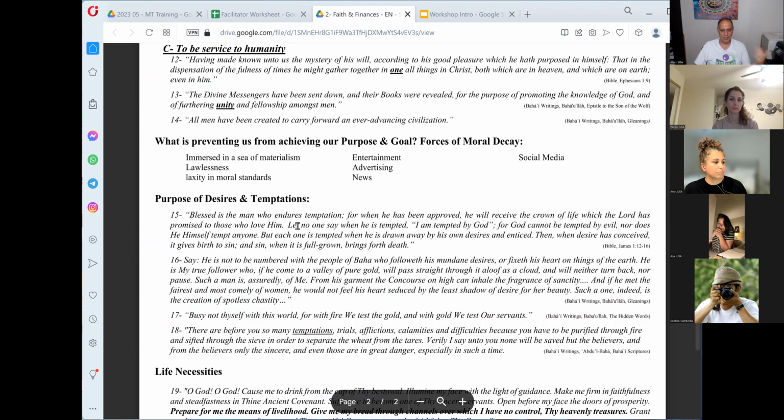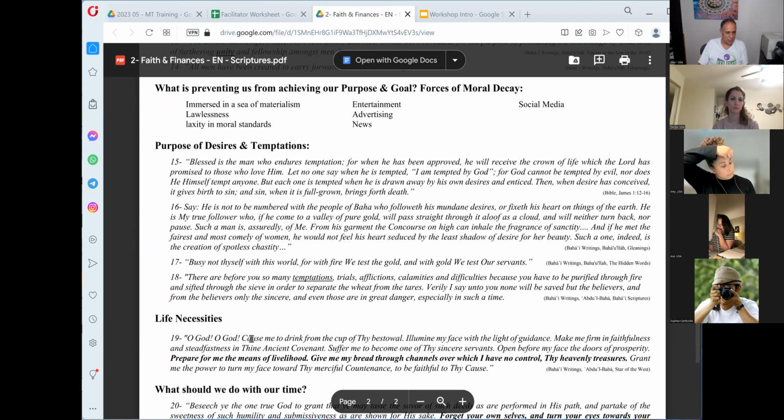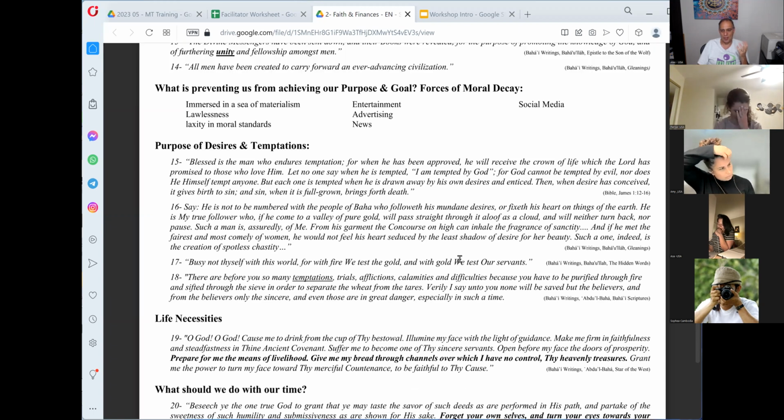So these temptations, of course, God does not tempt us, but it's a system that's been put in place so we can continuously test ourselves to see if we are on path or not. I'll read the next one: Busy not thyself with this world, for with fire we test the gold, and with gold we test our servants. So it's very clear that we are continuously being tested in here.